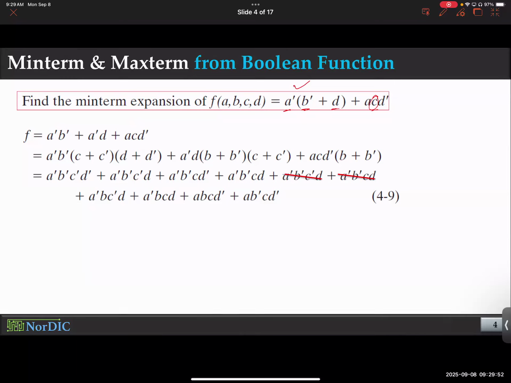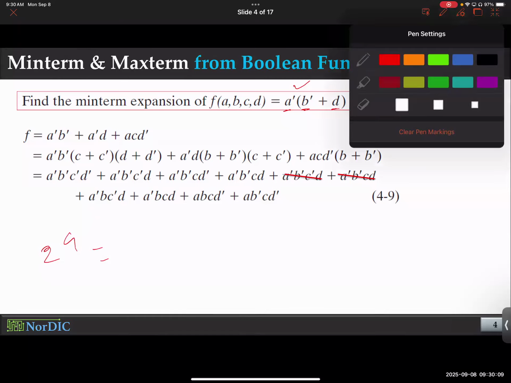Now, this brings me to the question. With 3 variables, how many rows do you have in the truth table, folks? 3 variables, 8. With 4 variables, 16, right? 2 raised to 4, which is 16. And the cases will be similar to this.